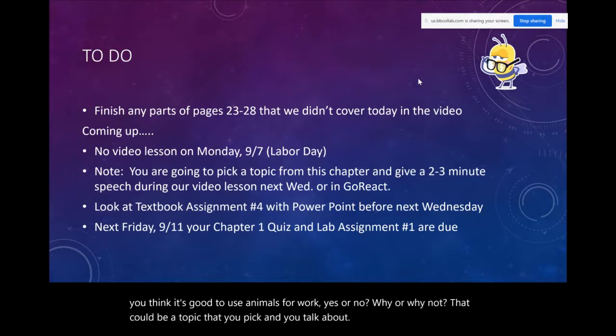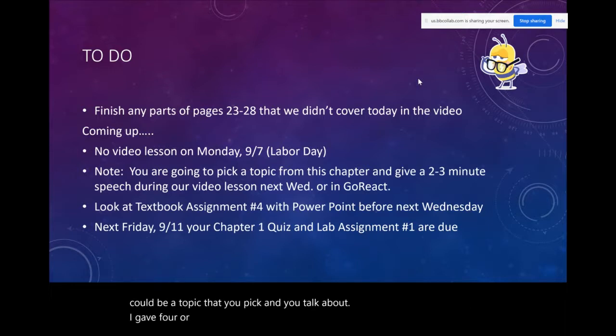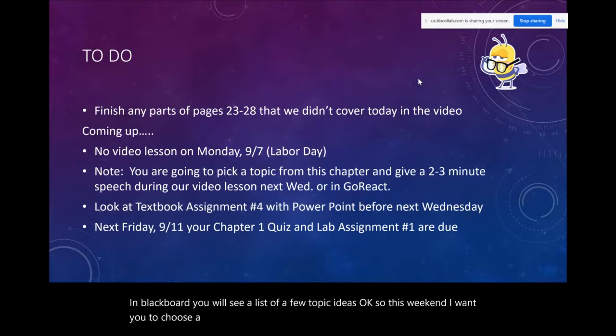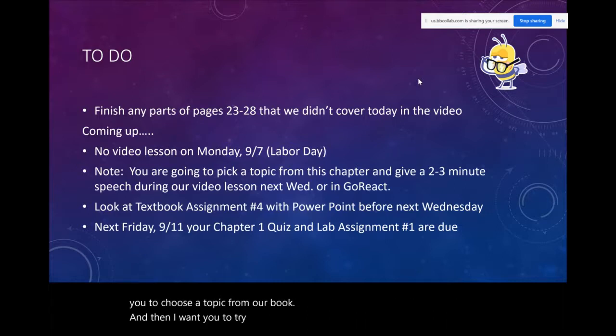I gave 4 or 5 topic suggestions in Blackboard for today's lesson. If you go to textbook assignment number 3 in Blackboard, you will see a list of a few topic ideas. This weekend, I want you to choose a topic from our book, and then try to use a main idea sentence and have 3 supporting points.